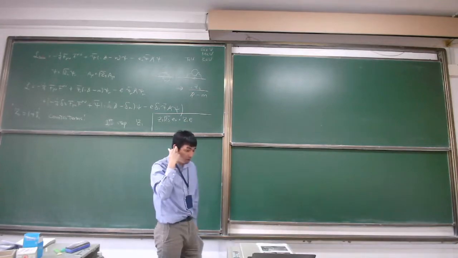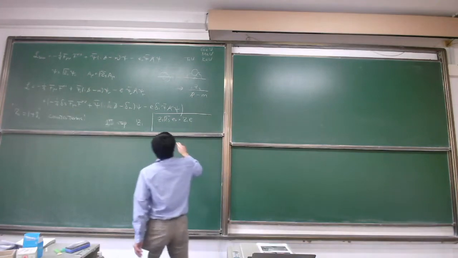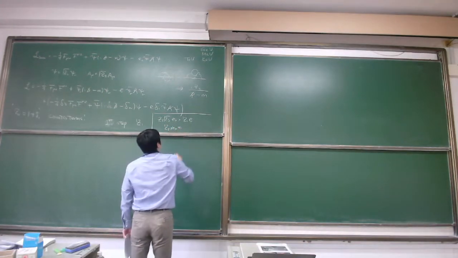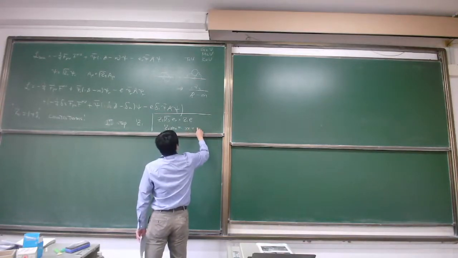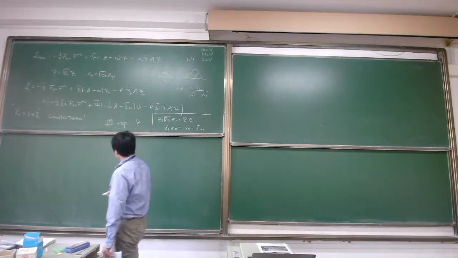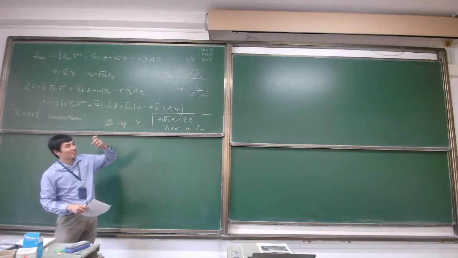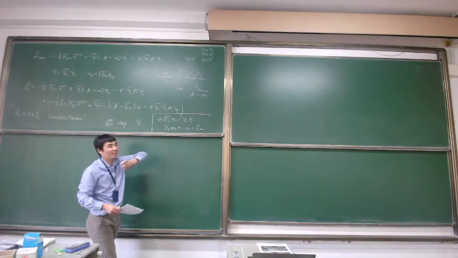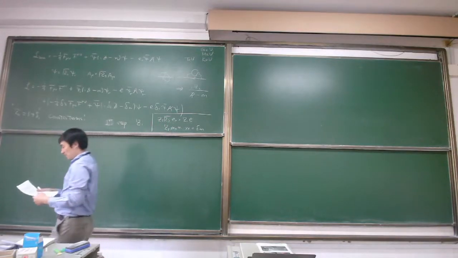That's how they are related. Z1 and Z2 and m0 are related to m plus delta. That's the relation. So we first determine Z1, next is Z2, and then at the end of the lecture we will determine Z3. That's the step.